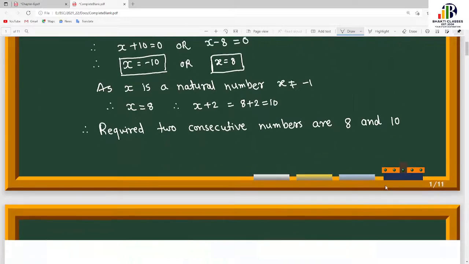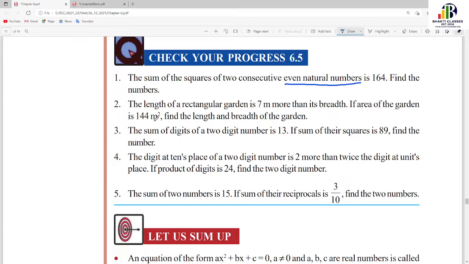Okay. Now we are doing question number 2. The length of a rectangular garden is 7 meters more than its breadth.